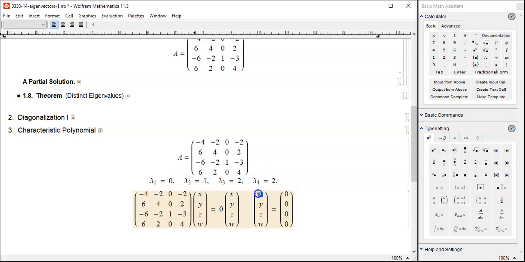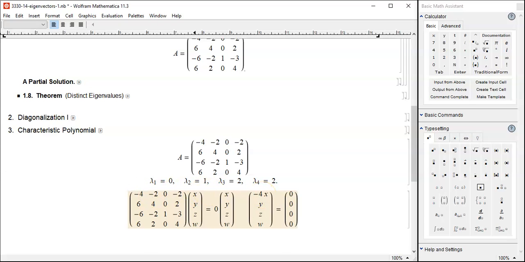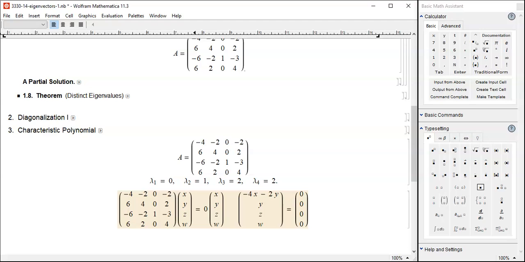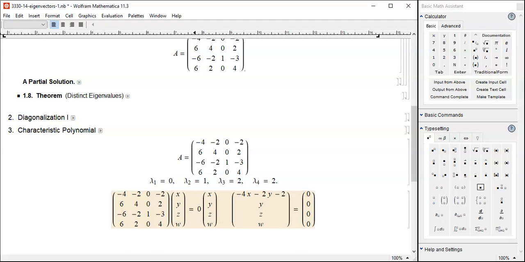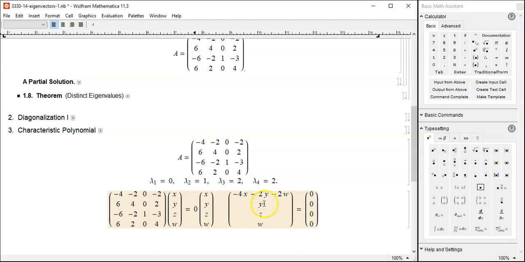First row: negative 4x minus 2y plus 0z minus 2w. Second row, we're going to get 6x plus 4y plus 2w.